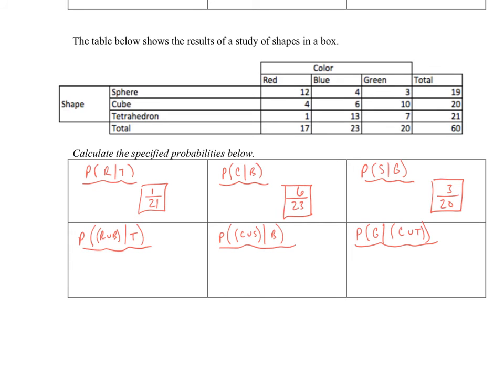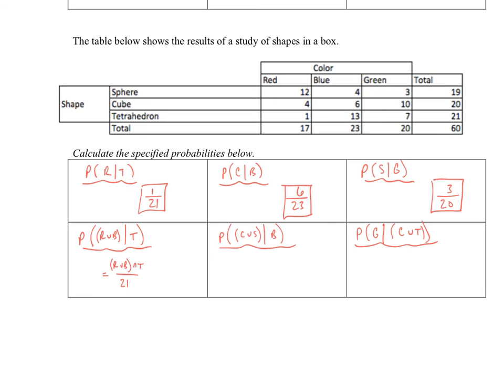So here I'm asking for the probability of choosing a red or a blue shape given that that shape is a tetrahedron. So let's stick with our conditional probability formula here, and our denominator is just going to be the number of tetrahedrons. So how many tetrahedrons are there? There are 21. Now our numerator is going to be all of the shapes that are red or blue and are tetrahedrons. This is the same formula that we've been using.